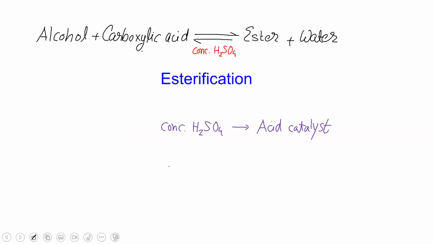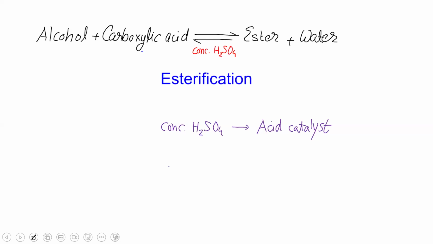Now look at the word equation. The word equation is always important. Alcohol plus carboxylic acid, a reversible reaction, gives ester plus water. Esters are very important. If I can recall our IGCSE concept, esters are sweet smelling compounds. They got the fame because of their smell, and they have a lot of applications, like in food grade flavoring and artificial smells.